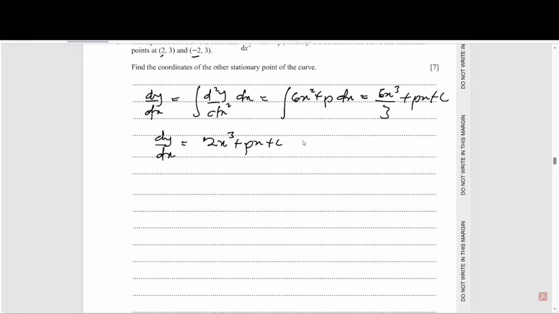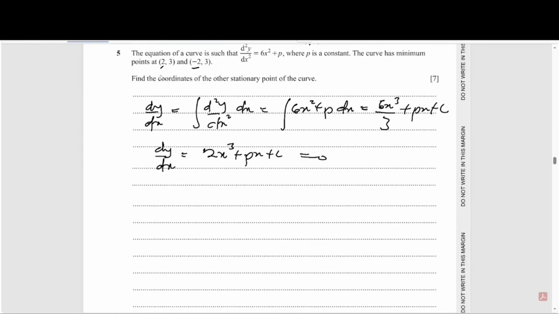And how do we find the stationary points? We equate the first derivative to 0, and after that was done, the results they had were 2 and then -2, and there was still one value missing. That's what we're supposed to find. So what we're going to do is substitute 2 and then -2 into the first derivative and then equate it to 0.